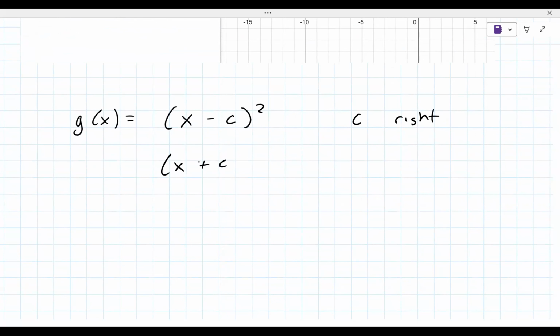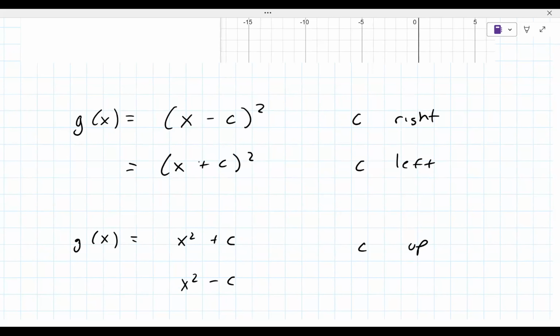If you have (x + c)², this is c left. And if you have g(x) = x² + c, this is c up. x² - c, this is c down.